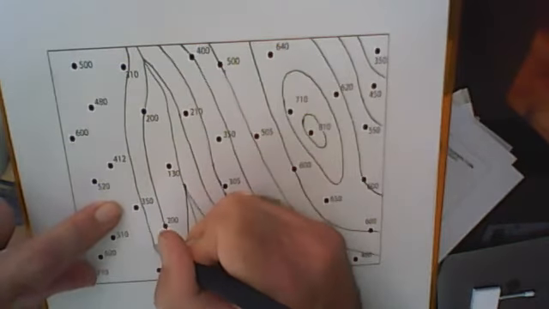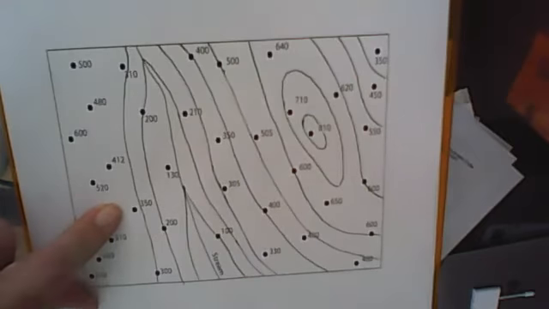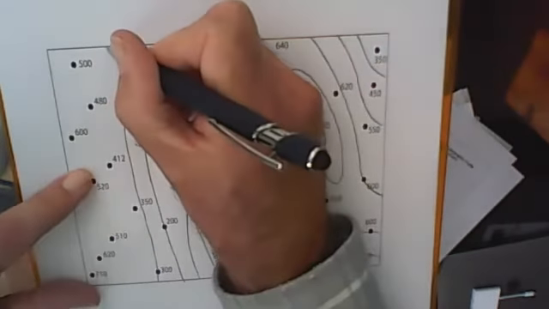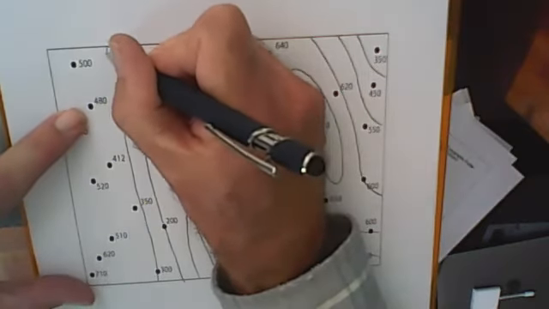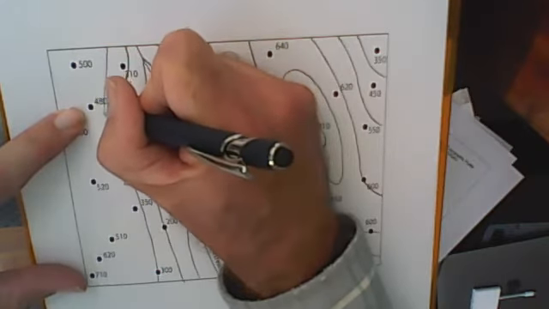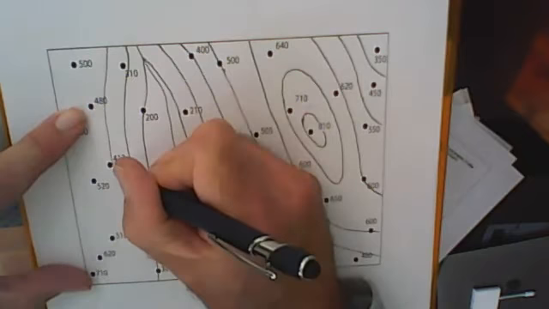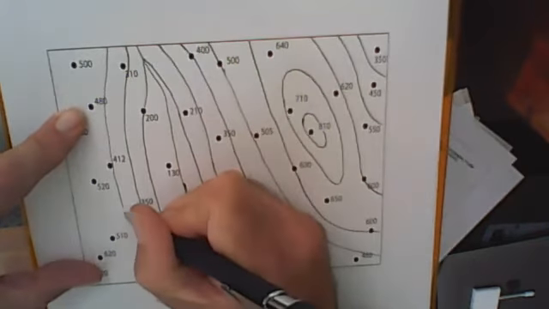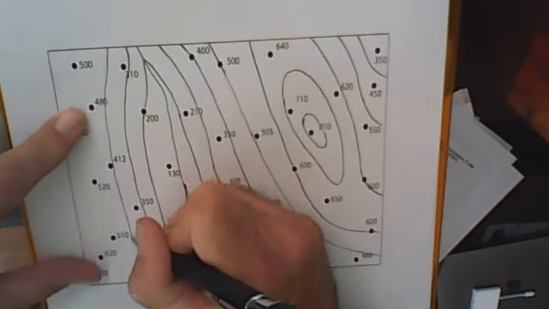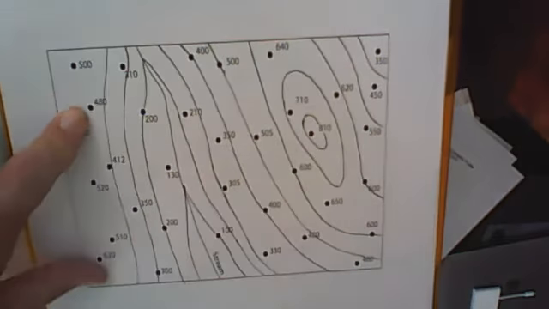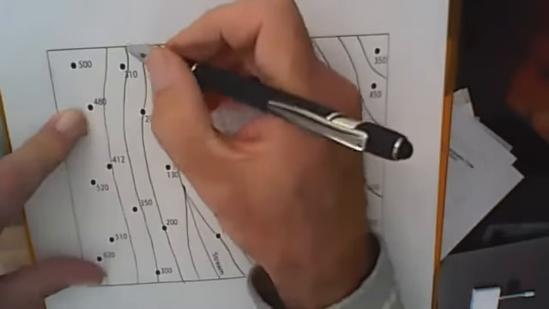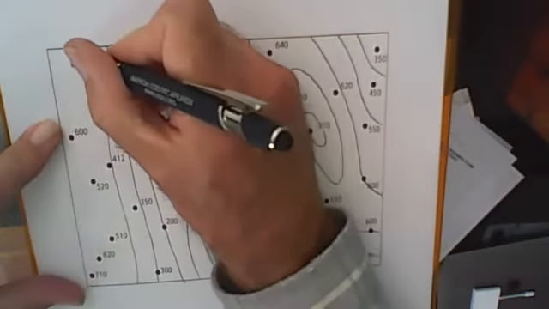Again, 300 down here, I can go through that. 400, somewhere about here. And I have to go inside of that 412, not through it. Again, between the, and then we have 500.